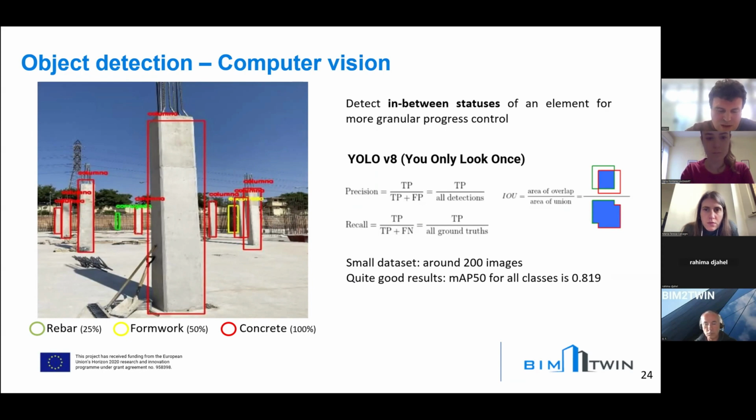For that, we use deep learning techniques with convolutional neural networks, especially the YOLO, You Only Look Once, algorithms. We use different types of YOLO, version 5 and version 8. In the beginning, no public dataset for concrete columns was found, so the initial work required annotating the images using the Computer Vision Annotation Tool.